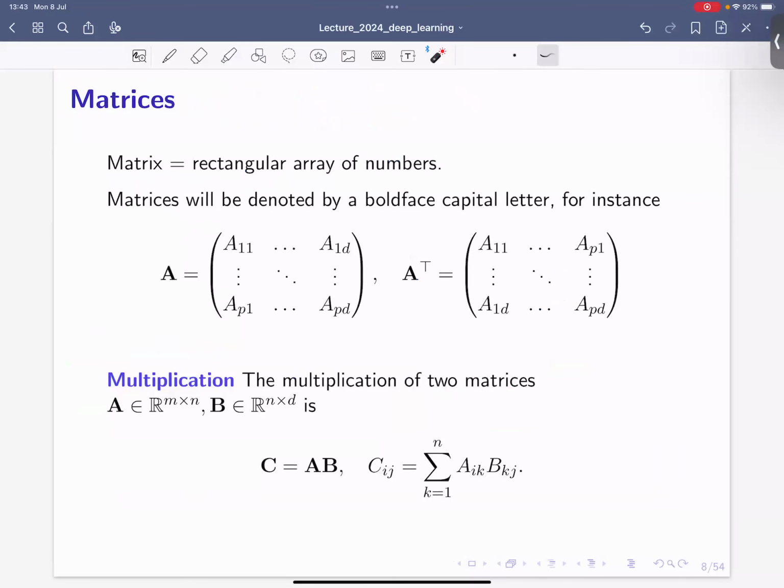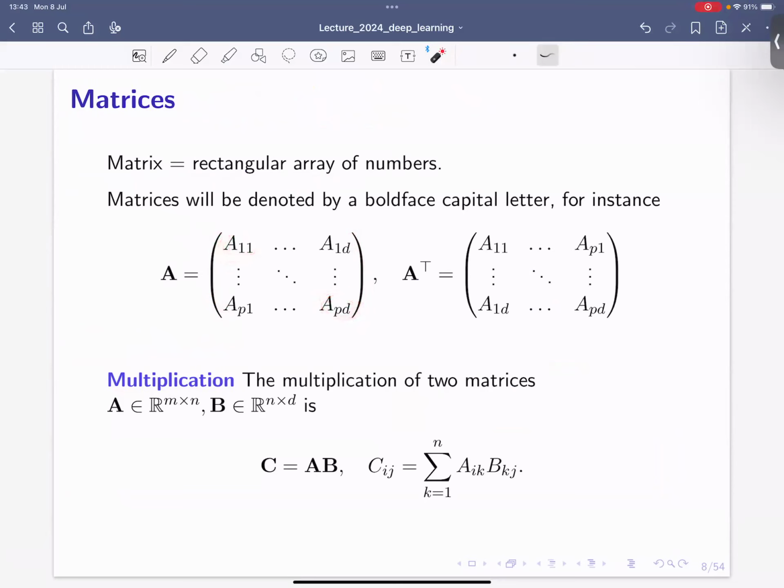So let's move on to matrices. So what is a matrix? A matrix is simply an extension of a vector where now you have a rectangular array of numbers. So instead of just having one column or one row, you now have a rectangular array. In this case, let me write it down. We have a matrix that has elements from A11 up to APD.